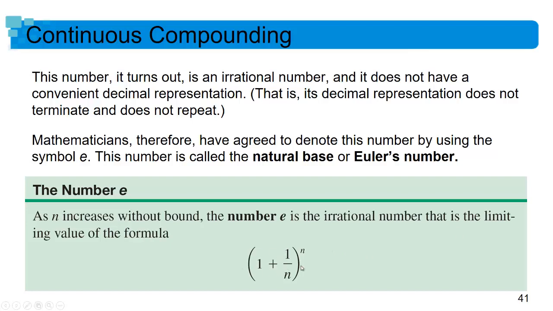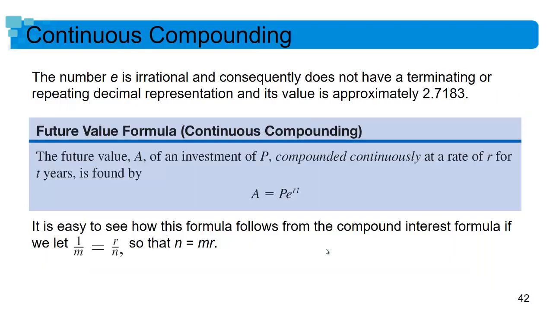If you take this and then let n increase without bound, i.e. let n get as big as you want, we basically say we take the limit as n goes to infinity. And as n goes to infinity, when you take 1 divided by a really super big number, you can see that this tends to get to 0, right? And then this gets really super big. That ends up being e.